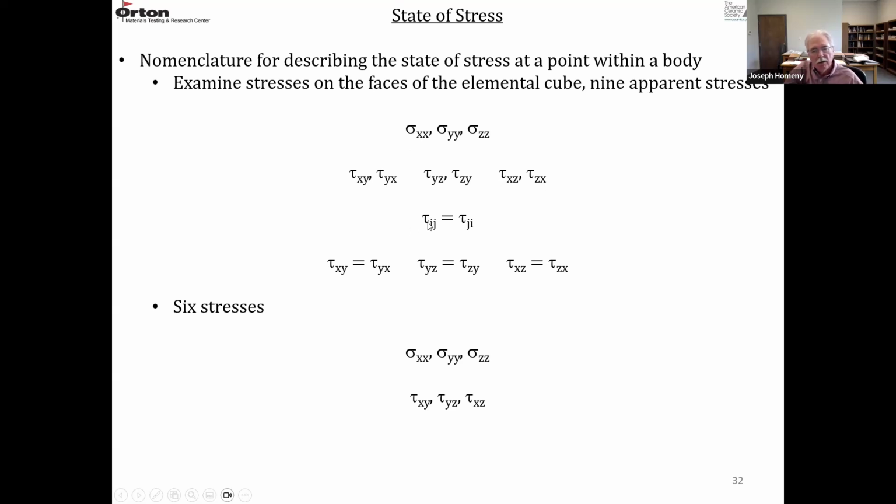It turns out they're equal. So tau ij equals tau ji. So these first 2 are equal, these second 2 are equal, and these third 2 are equal. And I showed that here. So these cancel, and there's really 6 stresses that you have to describe. The 3 normal stresses, and then these 3 shear stresses.